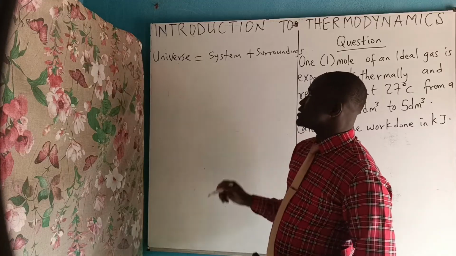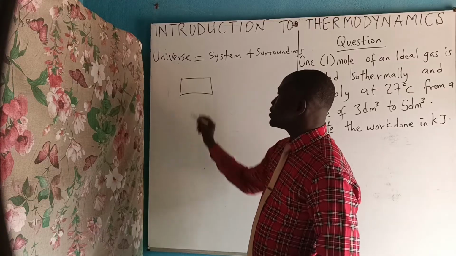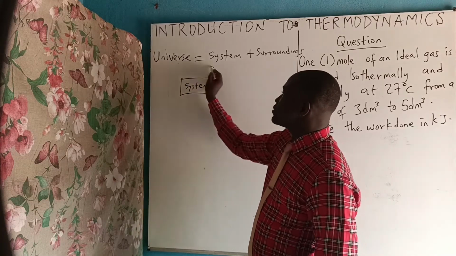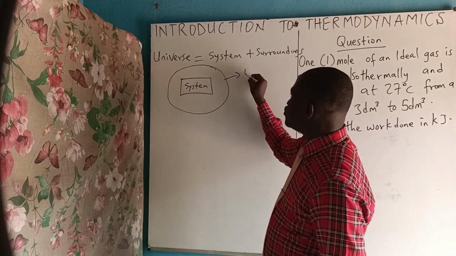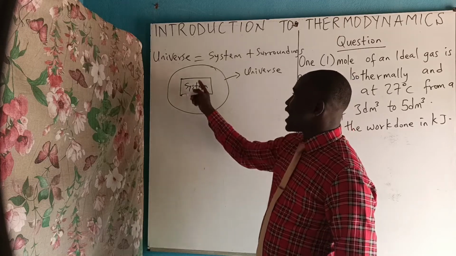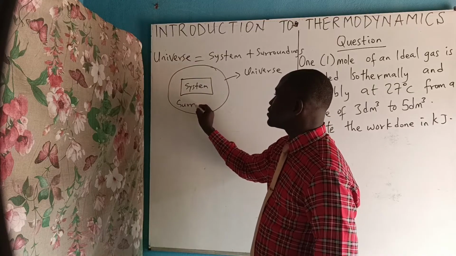What do we mean by this? Look at a system. We'll call this a system, for instance. Okay? The totality is called a universe. Anything outside this system, which is inside this universe, is called surrounding.